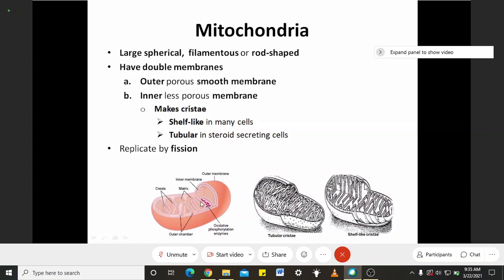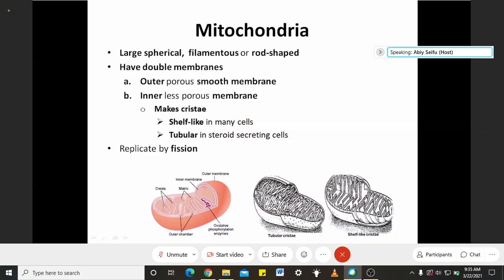So here you have the cristae, which look like this. In many mitochondria, in many cells, the cristae are shelf-like, whereas in cells which are specifically producing steroid hormones, the cristae are tubular, like this one.